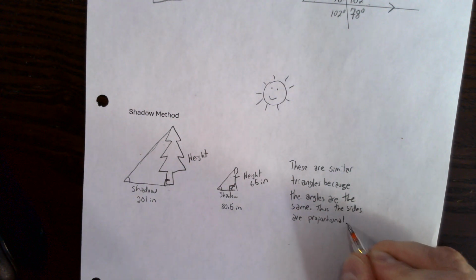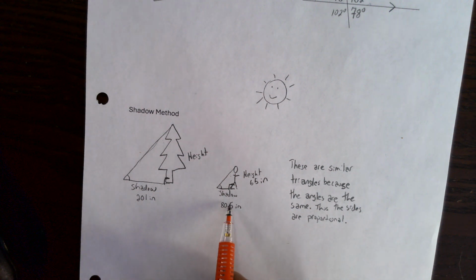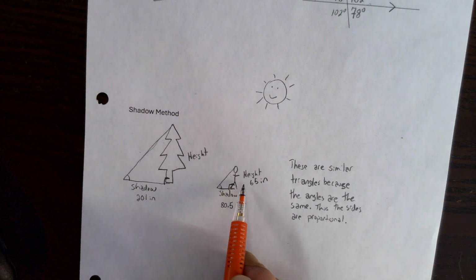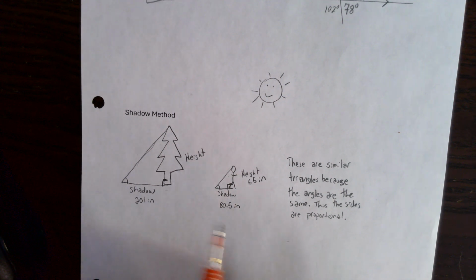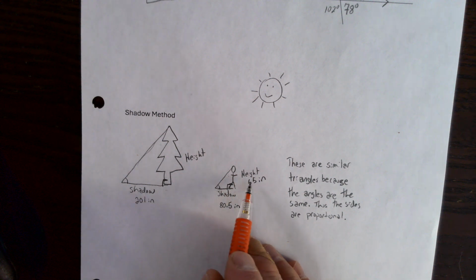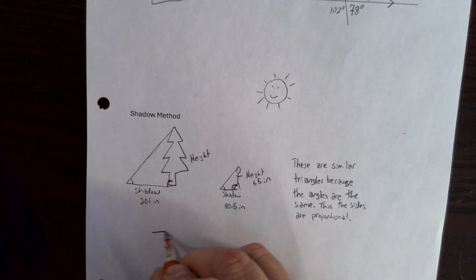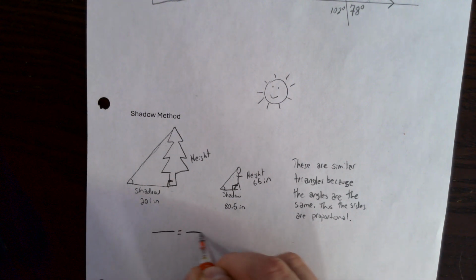So as an example, if the shadows were doubled the size, like if this shadow was twice that shadow, then this height would be twice this height. That's not the case in this particular problem. But however much bigger this is, the height is going to be bigger than this in the same proportion, which means we can set up a proportion.